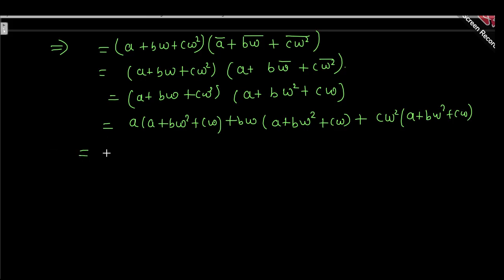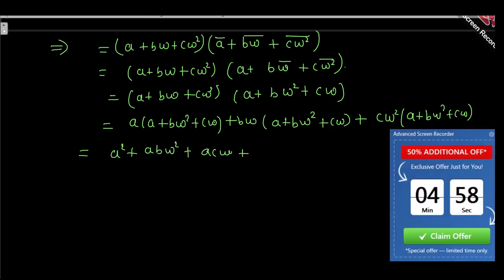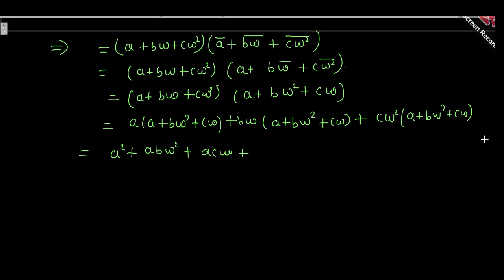Now we can write this as a square plus ab omega square plus ac omega plus ab omega plus b square omega cube plus bc omega square plus ac omega square plus bc omega raised to power 4 plus c square omega cube.